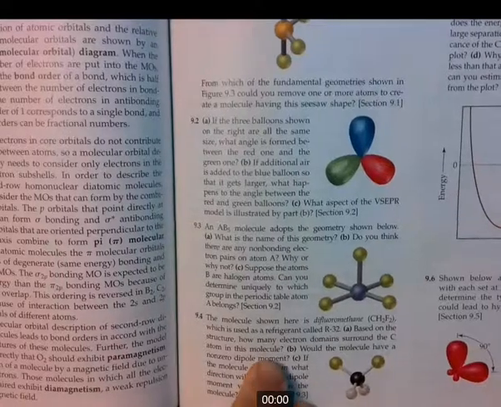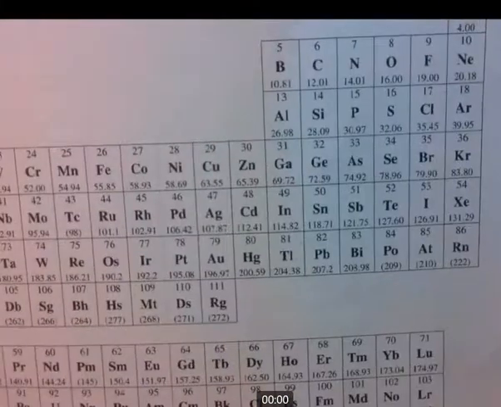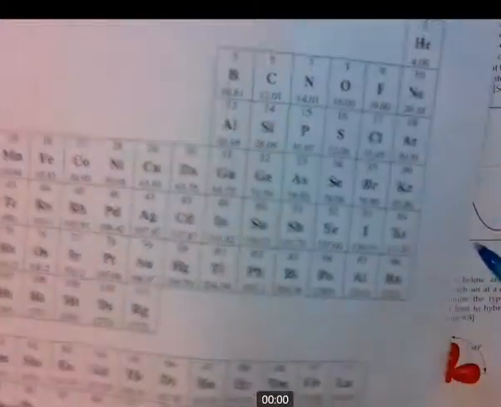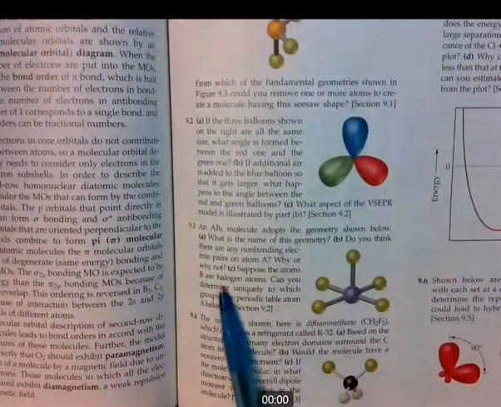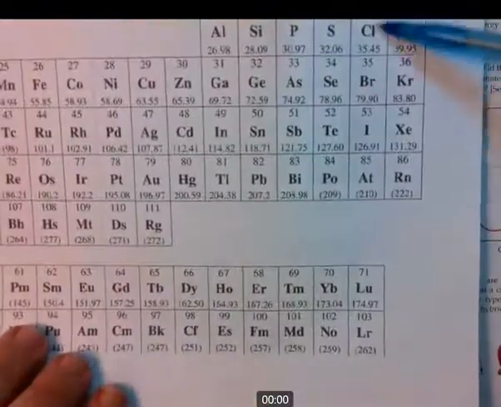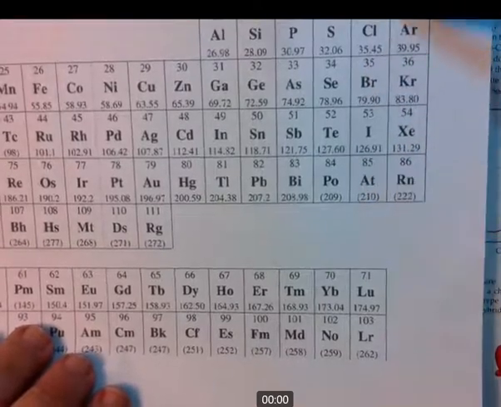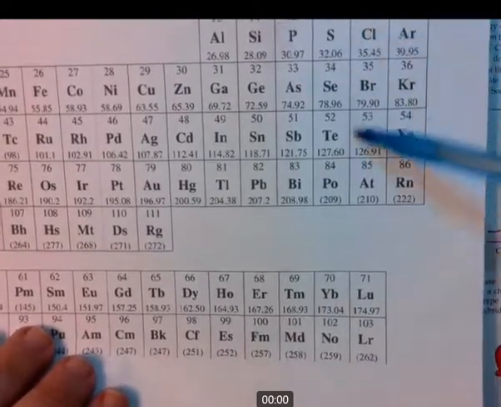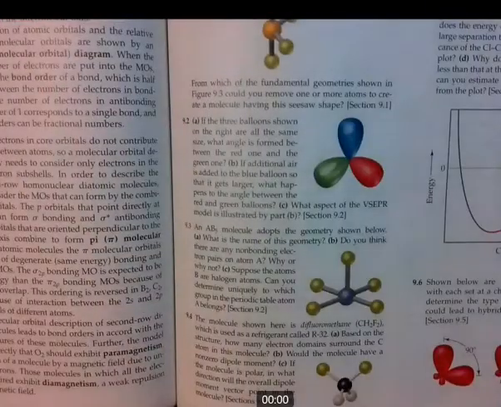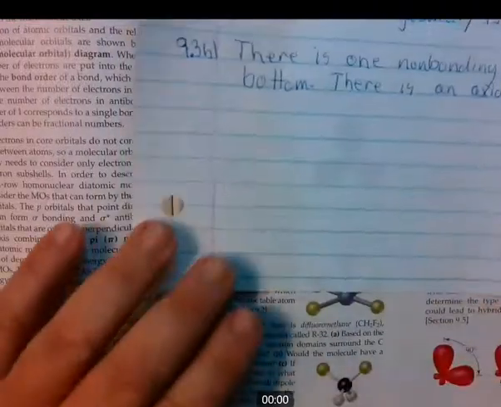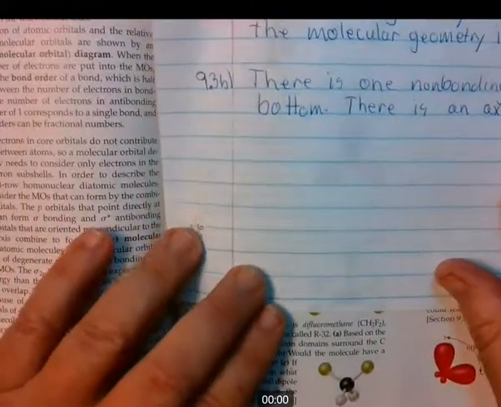That's the central atom. So let's try to piece this together. It says that they are halogens. That means they come from this second to last column right here. And we don't know which halogen it is, but it's one of these. But we know that it's going to have 7 valence electrons. So let's go ahead and see if we can draw that out.